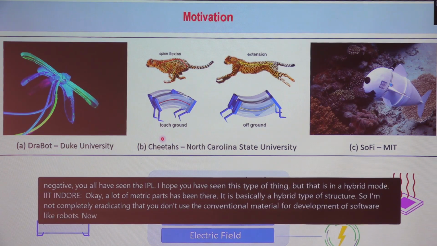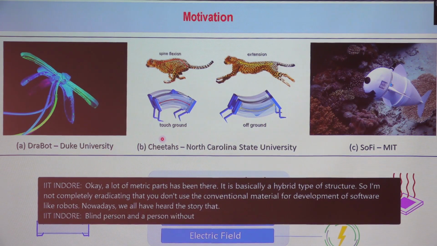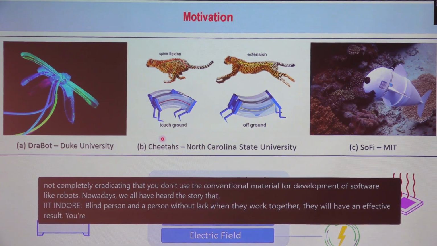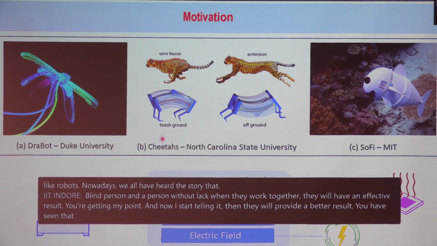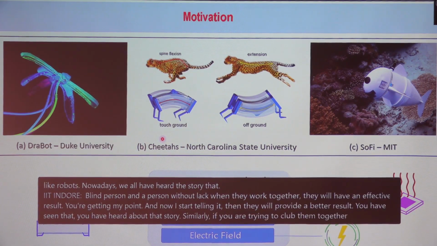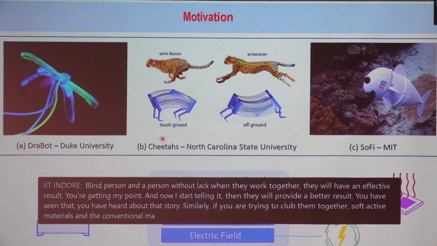Nowadays, we have all heard the story that a blind person and a person without legs, when they work together, will have an effective result. You are getting my point? The blind and the lame walk together, then they will provide a better result. You have heard about that story. Similarly, if you club together soft active material and conventional material, you will have the best output. Okay.